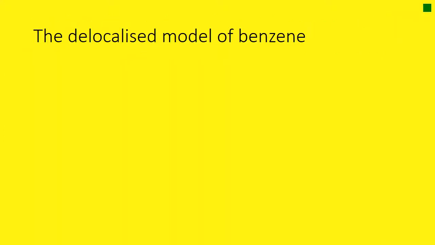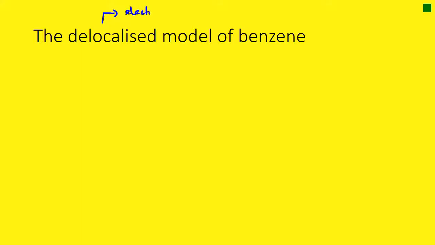So this model becomes known as the delocalized model of benzene, and delocalized because the electrons involved in the double bonds are free to roam around all 6 of the carbon atoms in benzene. So let's just write that down. How can we summarize that?